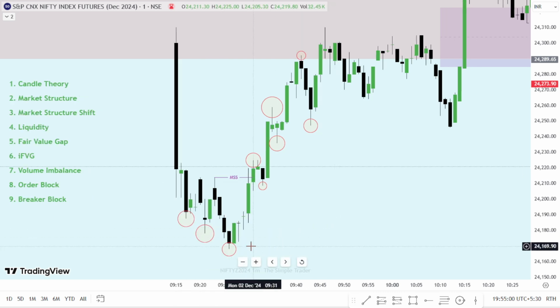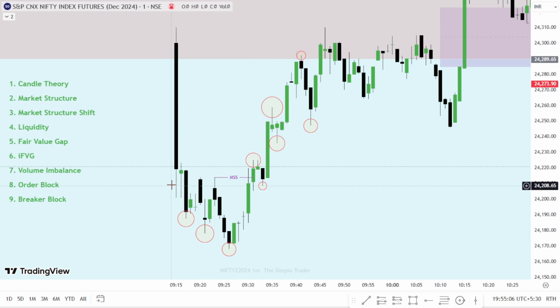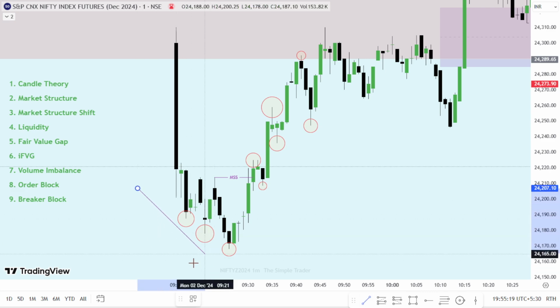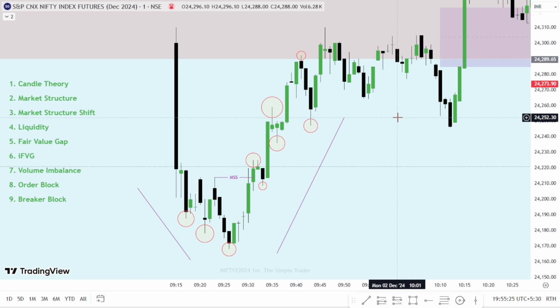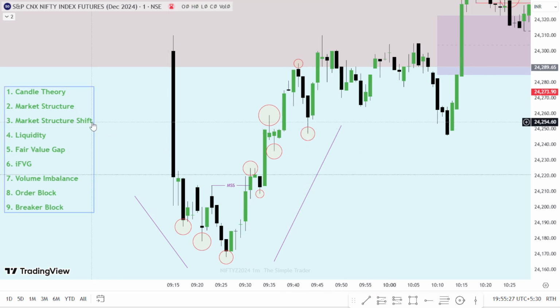At this point, the market started shifting its structure from lower lows to higher lows, or lower highs to higher highs. So here the market was in shorts, and here the market is in longs. That's the market structure shift.